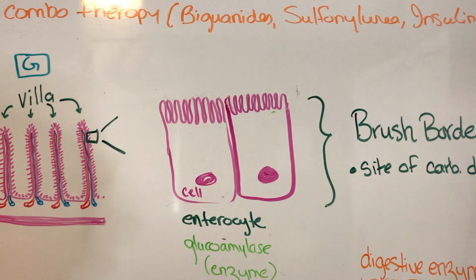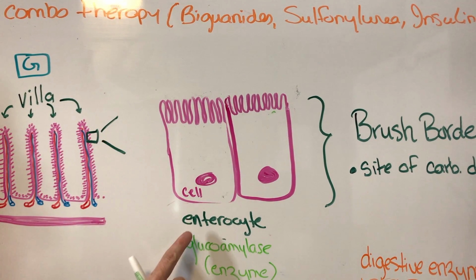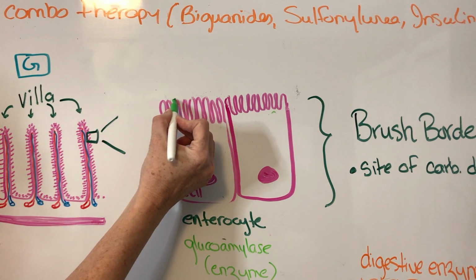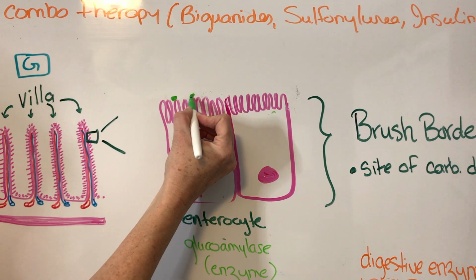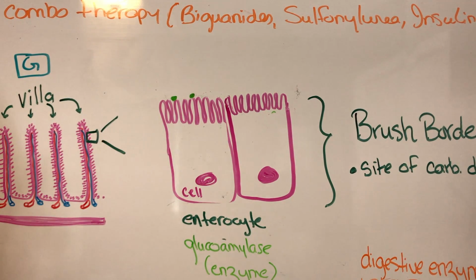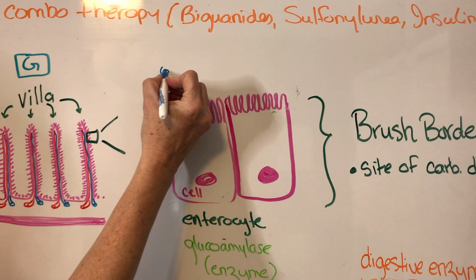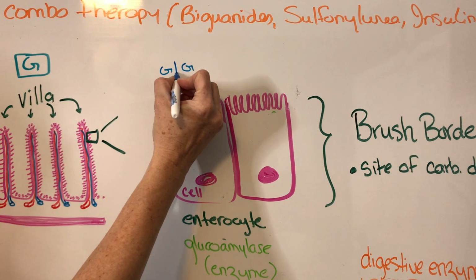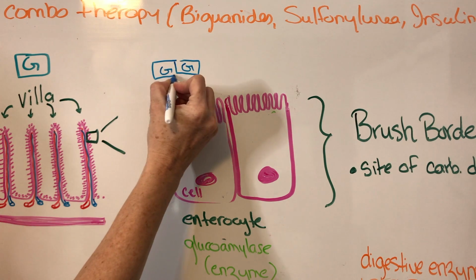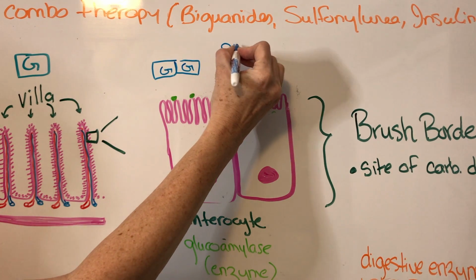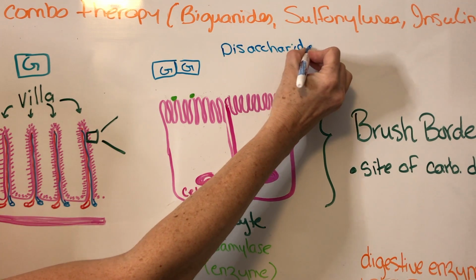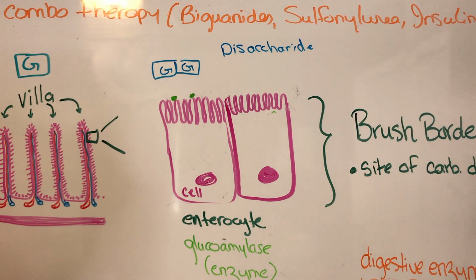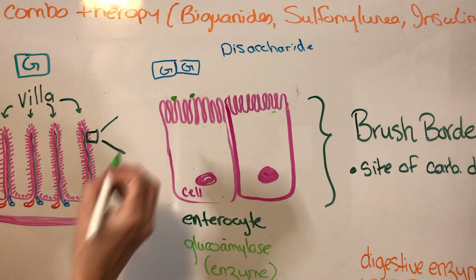Okay, so we have this cell, and this cell is going to be producing the enzyme glucoamylase, and these enzymes are sitting out here waiting for a complex carbohydrate to come along. I'm going to use an example of a disaccharide, which means it has two glucose bonded together.